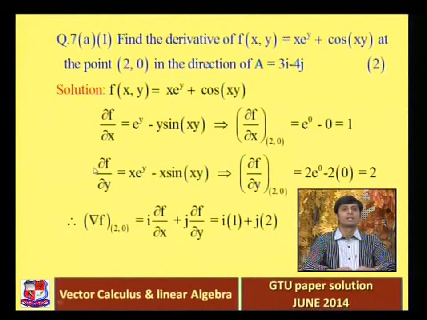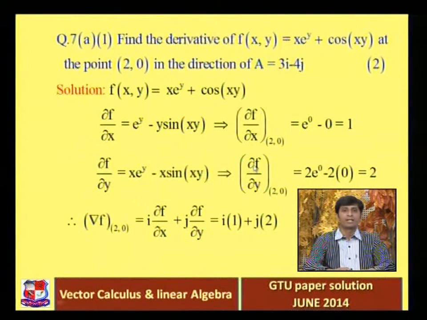Now similarly we find del f by del y, the derivative of f with respect to y, of x e^y plus cos(xy). Now x is a constant, so for x e^y the derivative of e^y is e^y, minus the derivative of cos, which is sin(xy), and then times x.